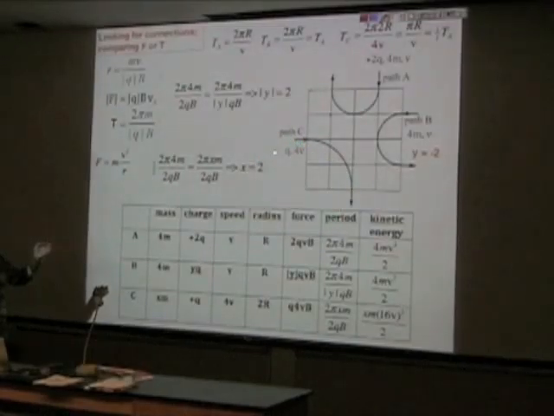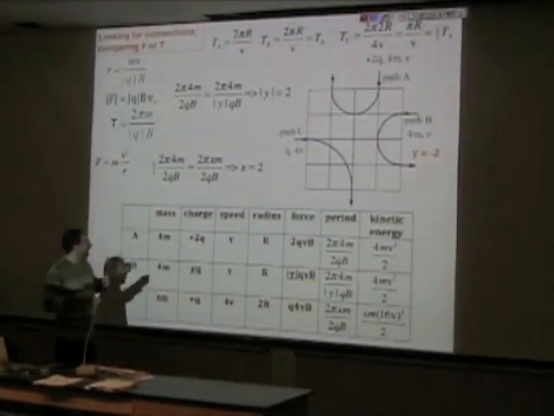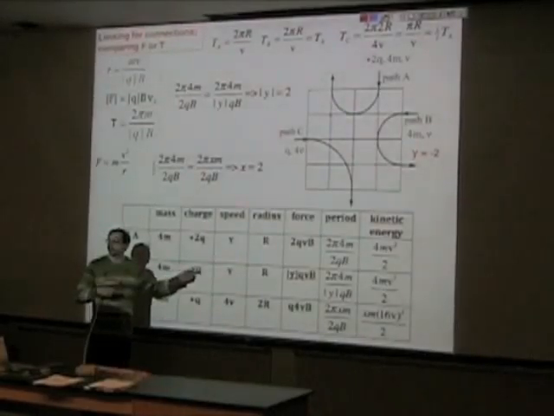So this particle C also is positive, clockwise motion. Particle B makes counterclockwise motion, it has to be negative. So that's why this charge actually has the value -2q.